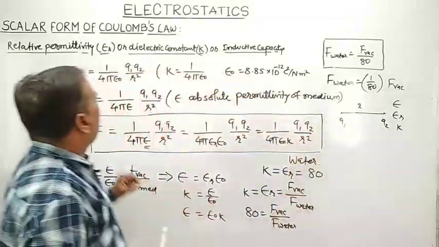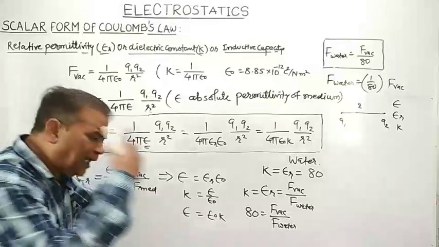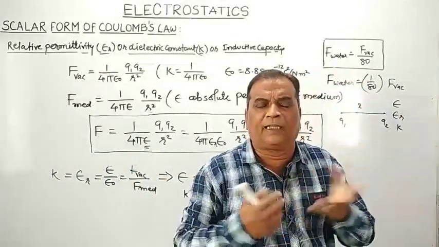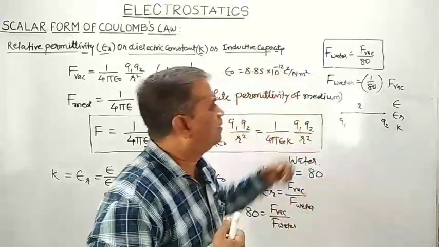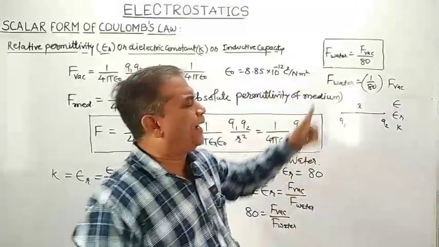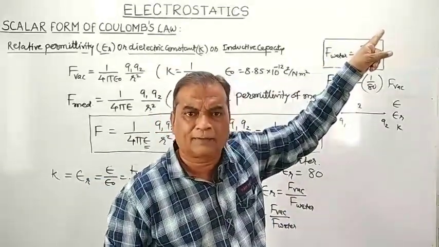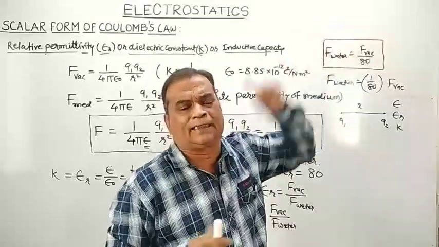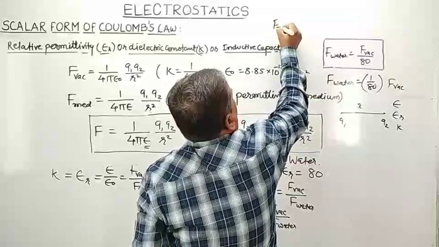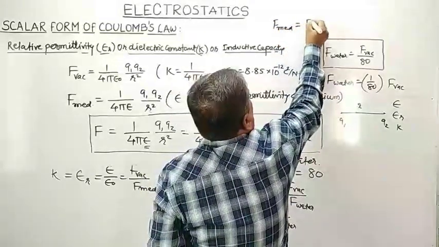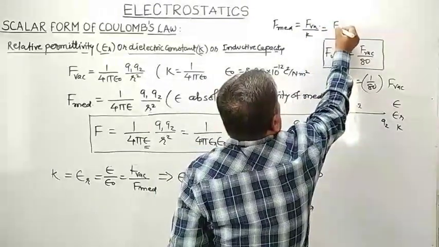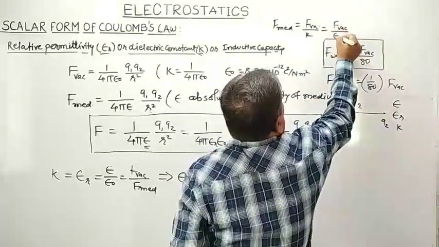It helps to reduce the force between the two point charges by a factor of epsilon r, that is relative permittivity, meaning F medium is equal to F vacuum divided by K, or F vacuum divided by what?